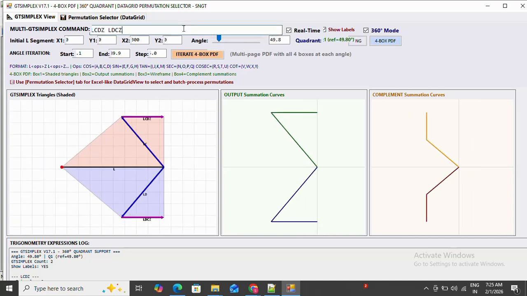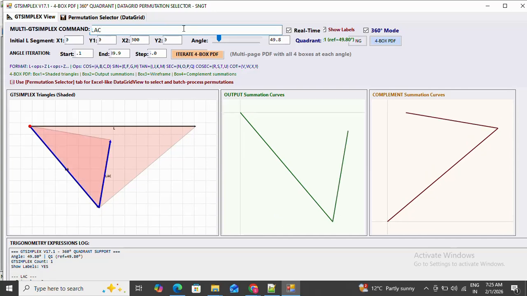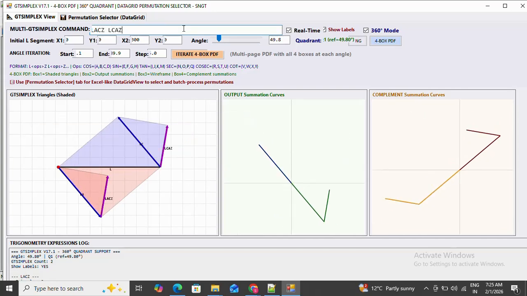In the same way we can say here LACZ and LCAZ, then we can see that LACZ is parallel to LCAZ, and obviously the lengths of LACZ and LCAZ are the same.